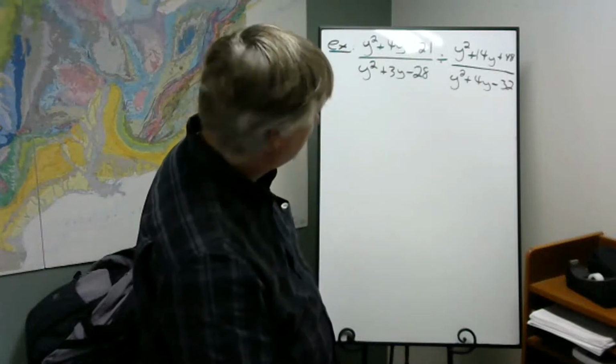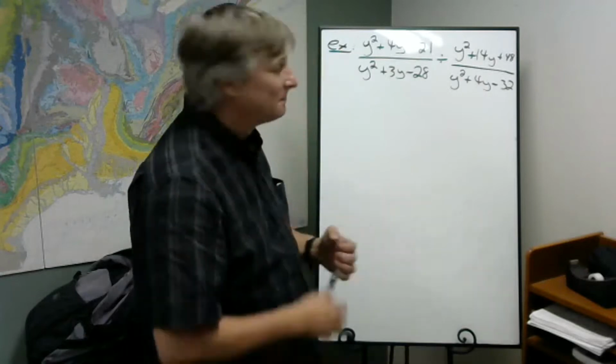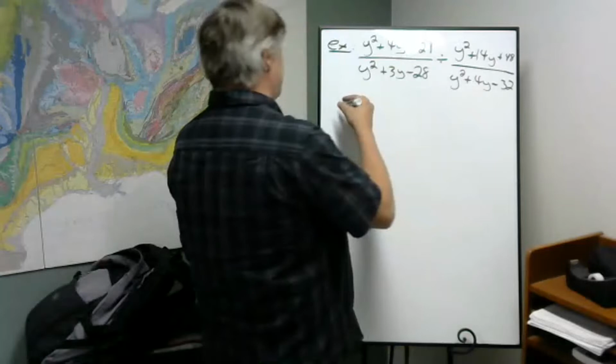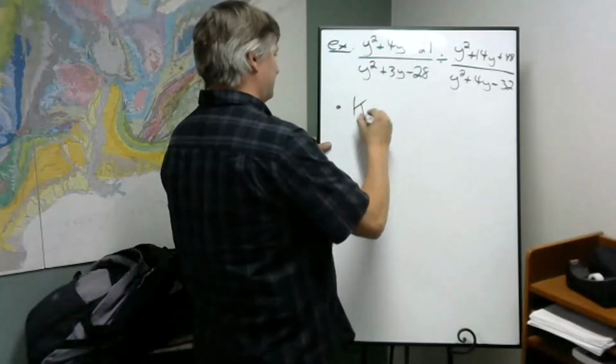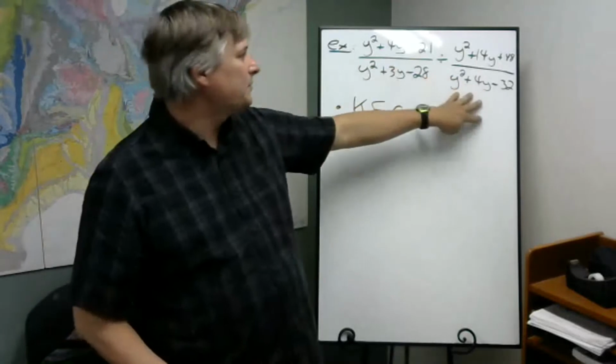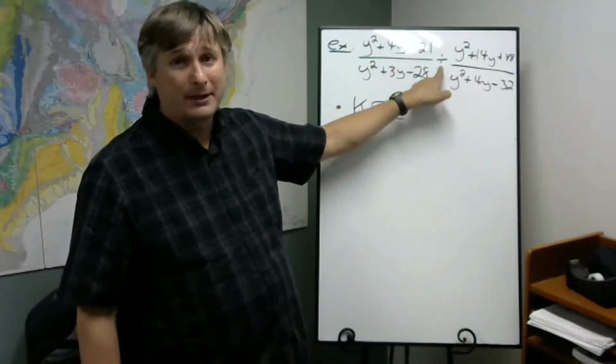Looks good. All right. So again, KFC. We'll keep this one, we'll flip this one. We're going to change this to multiplication.